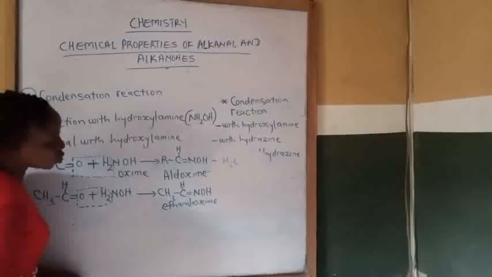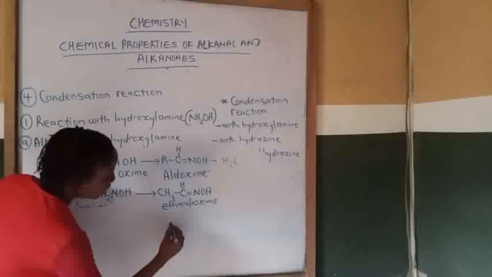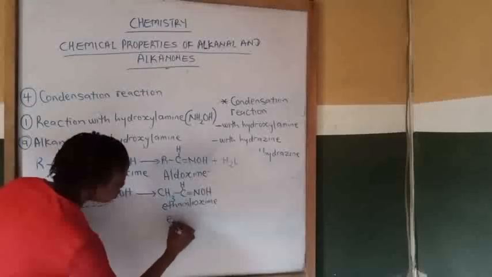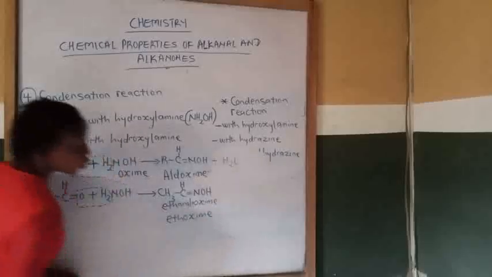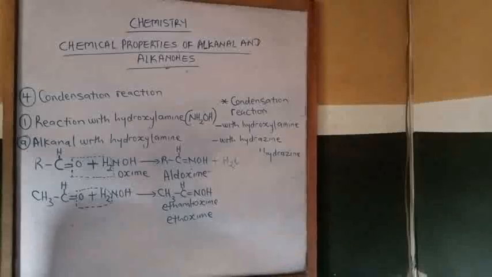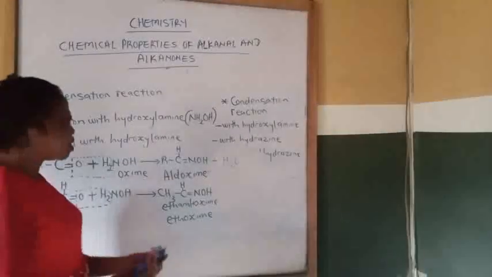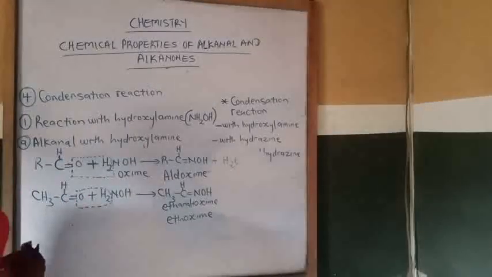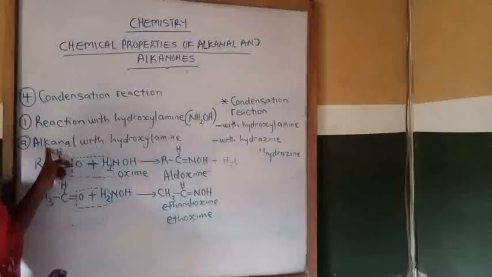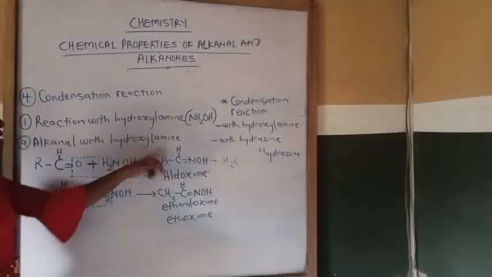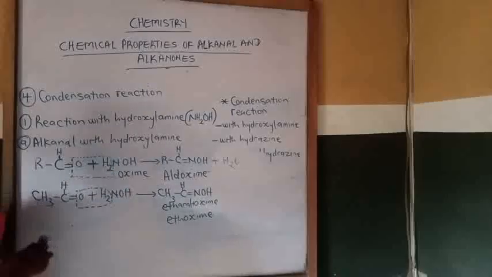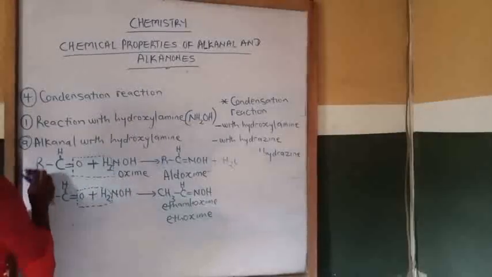Plus oxime, it will be called ethanaloxime. So the product is called ethanaloxime. So let's move to the chemical reaction between alkanone and hydroxylamine now.